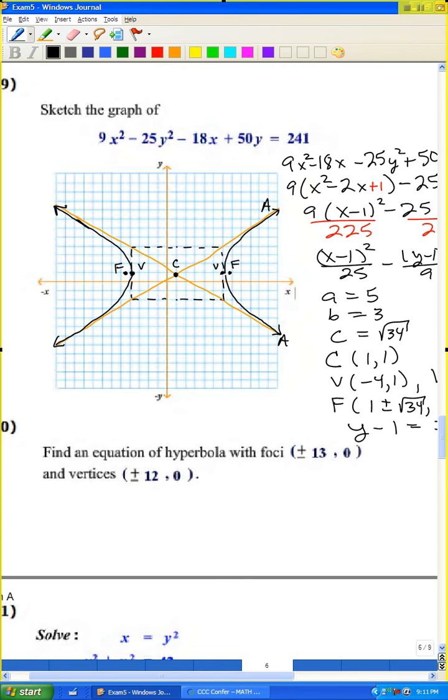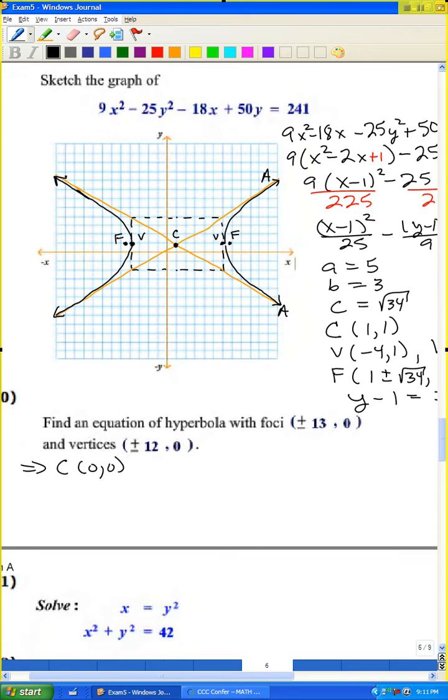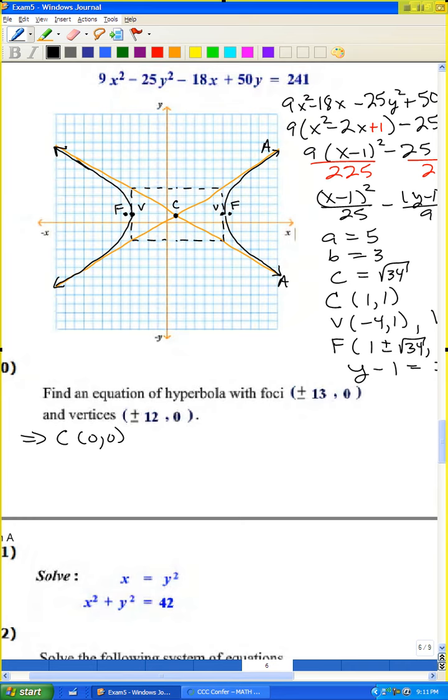Find the equation of the hyperbola with foci at plus or minus 13. And so that means that the center will be at the origin. And since the foci are along the x-axis, you should have an equation of the form x squared over a squared minus y squared over b squared is 1.